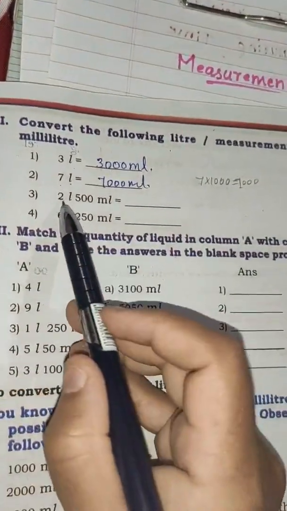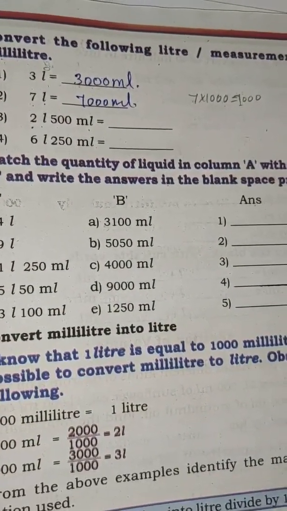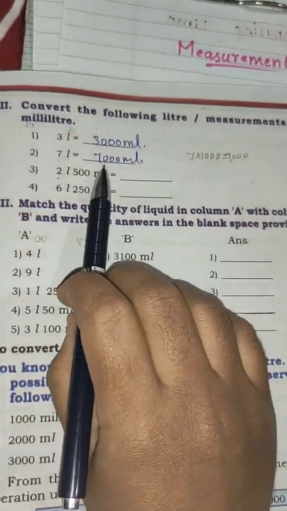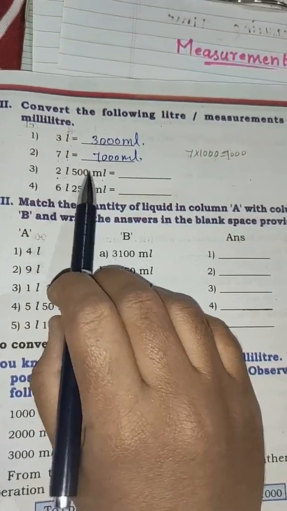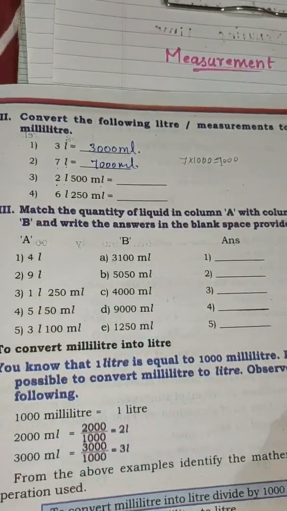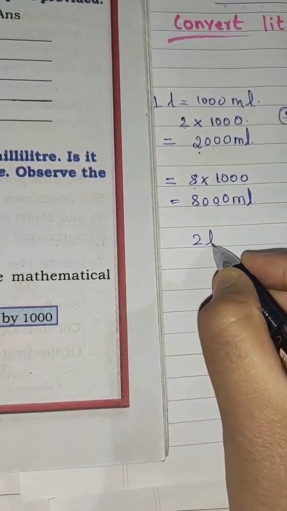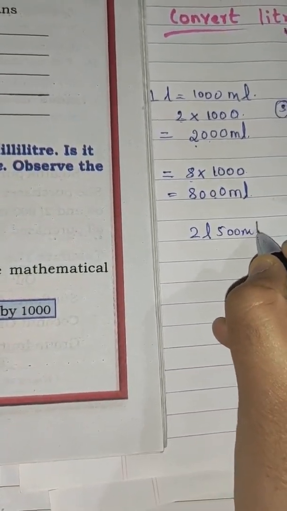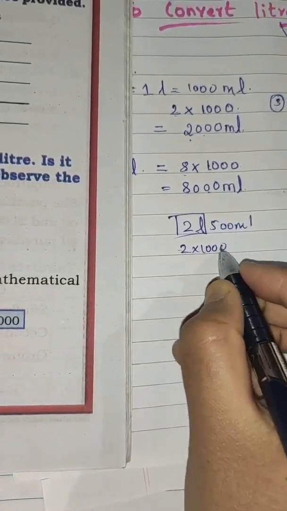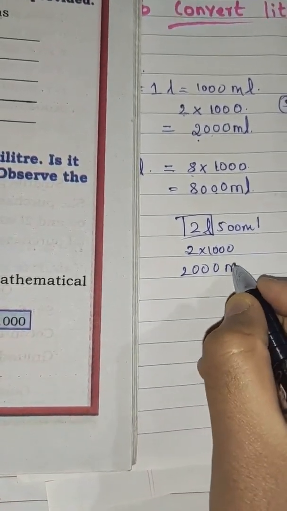ml. Next, 2 liter 500 milliliter. How are you going to do it? Yes, you have to add this milliliter. First you have to convert this 2 liter into milliliter, then add the answer to the 500. Okay. So first convert this one. It is 2 into 1000. 2 ones are 2, then 2000 ml.